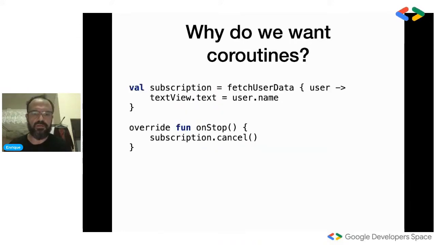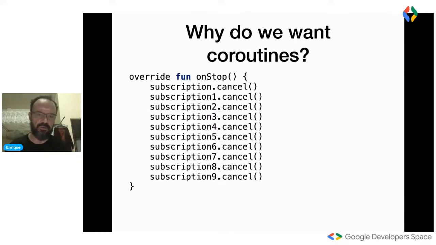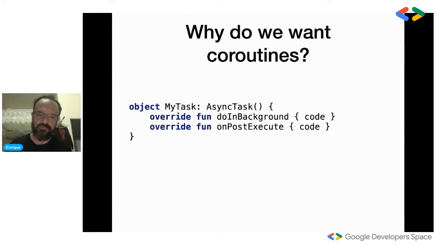We could start subscribing our callbacks to some sort of subscriptions and cancel them when our fragment or our activity gets canceled, etc. The problem with this is that we will end up with a lot of cancellations, and this can become really messy. Of course, you might say we also have composite subscriptions.